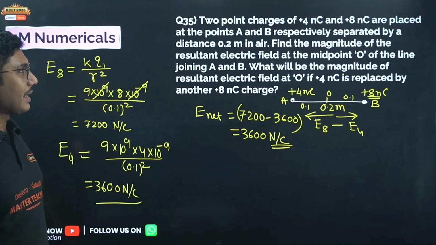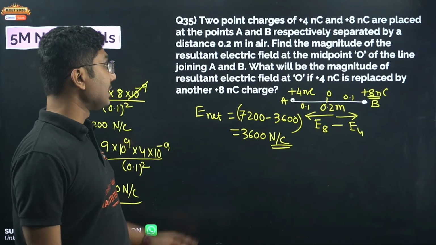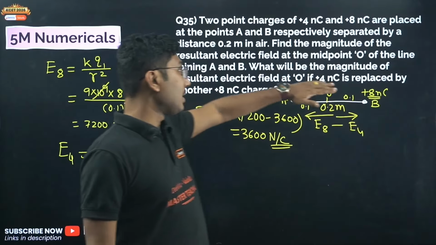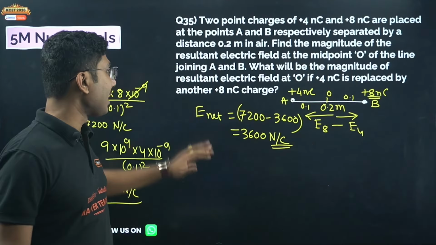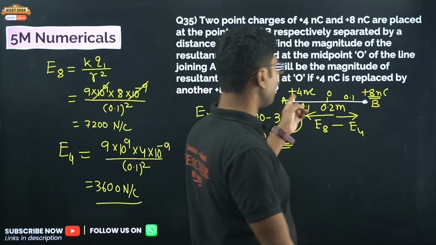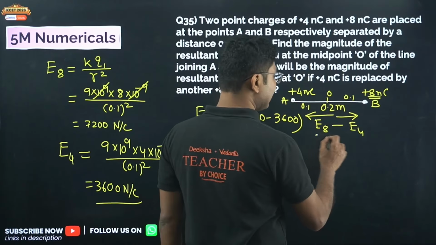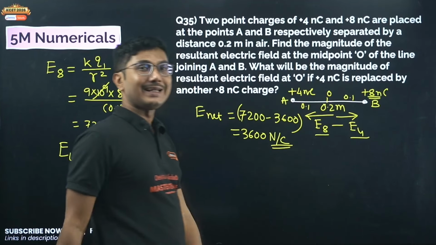Okay, second part, there is a second part. What will be the magnitude of the resultant electric field at O if plus 4 nanocoulomb is replaced by another 8 nanocoulomb charge? So if both charges are 8 nanocoulomb, in that case this is E8, and this will also be E8.